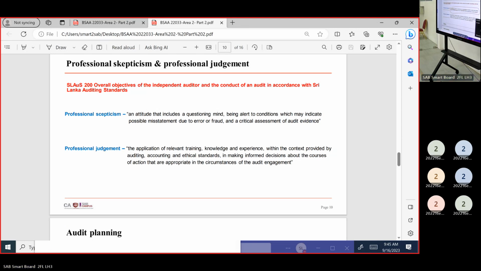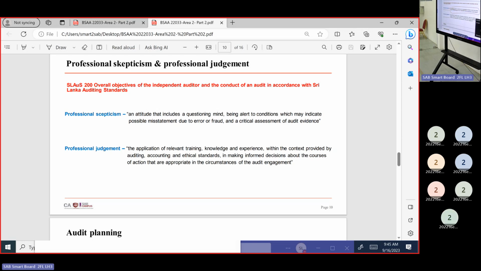Keep that in mind. So if I'm asking a question like this, as an audit manager, how are you using professional skepticism in your audit process? What are the answers you can think of? As an audit manager, how can we use professional skepticism? Once you are selecting the audit team, professional skepticism for the audit team.